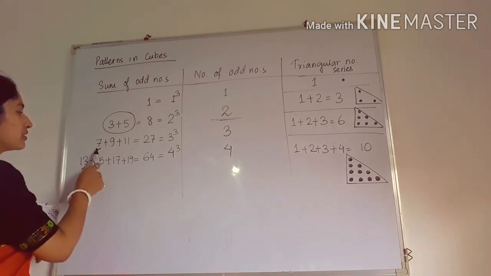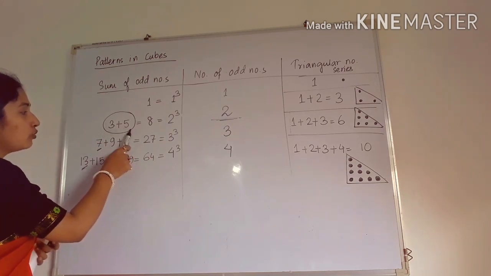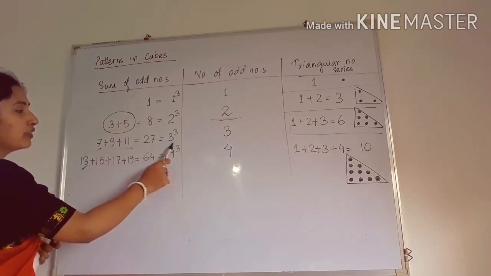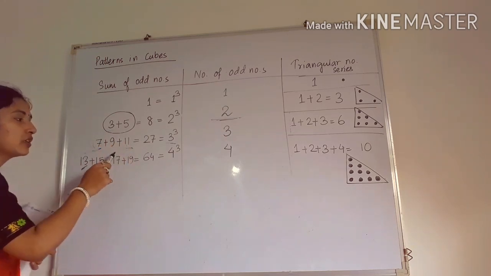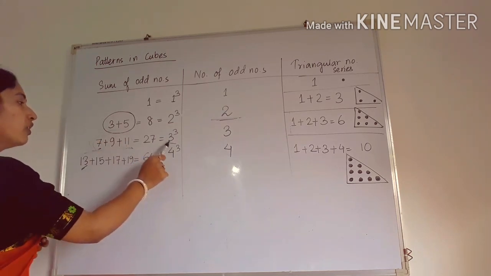Similarly, after 5 I have to take the next odd numbers. The next odd number is 7, then 7 plus 9 plus 11. Here I have taken 3 odd numbers, so like that I get the cube of 3. Starting from 7, I am getting the cube of 3.